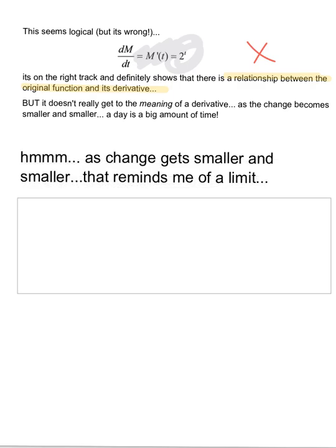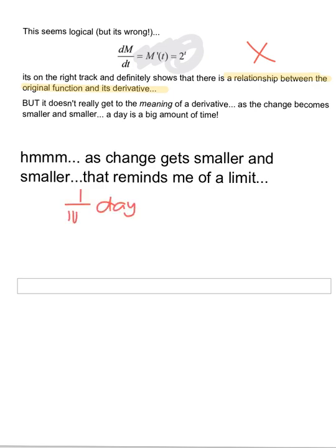But the true essence of a derivative is that we're supposed to be getting smaller and smaller amounts of time. If we start thinking about time, a day is a huge amount of time. So we'd want to start looking at smaller and smaller values, like maybe 1/10 of a day, or 100th of a day, or maybe even 1,000th of a day, 1,000,000th of a day, so on and so forth.